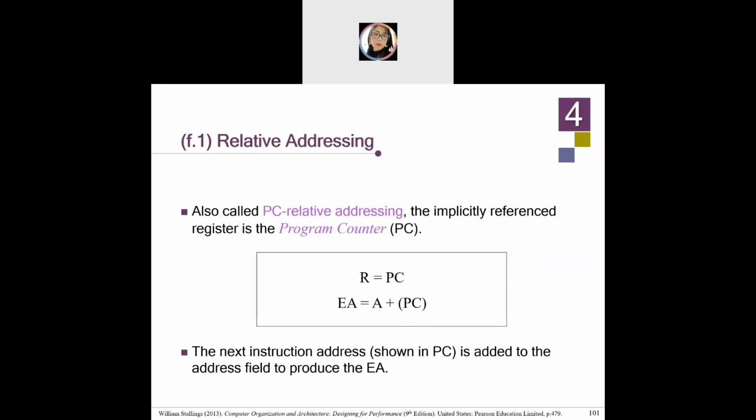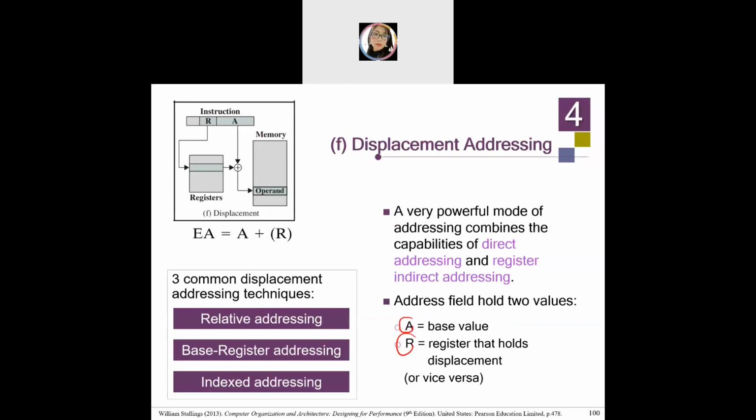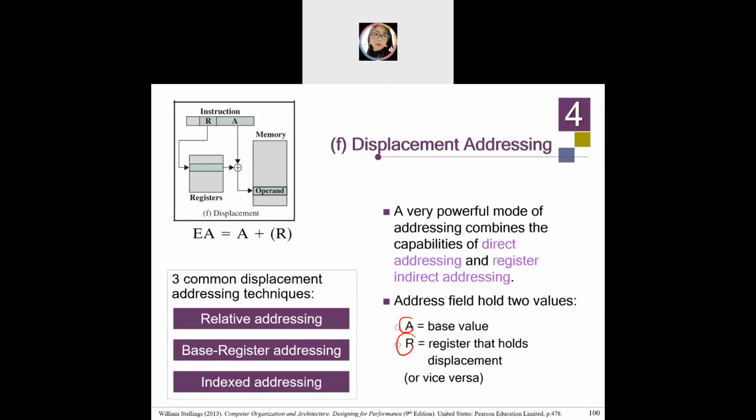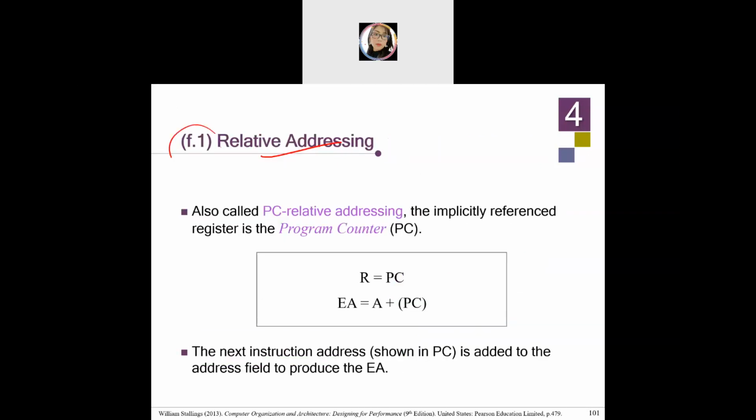So the relationship: under displacement addressing, you have 3 types: relative addressing, base register addressing, and index addressing. Now we look into the first one, relative addressing.